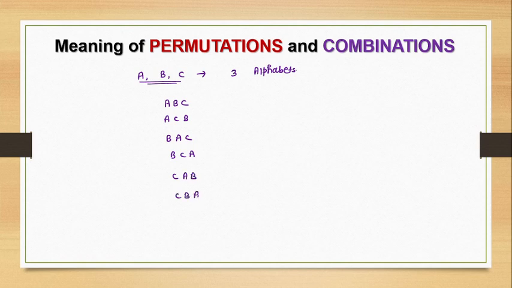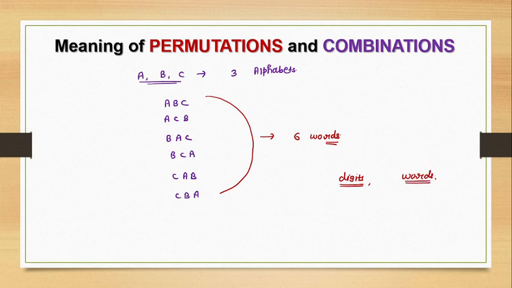So it is the same thing: you created 6 numbers by using the three digits 1, 2 and 3, and in the same way, by using A, B and C, you can create 6 words. There is no difference in creating numbers by using digits or creating words by using alphabets. Both are the same thing for you.